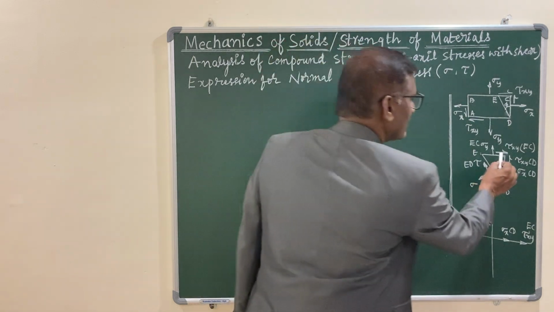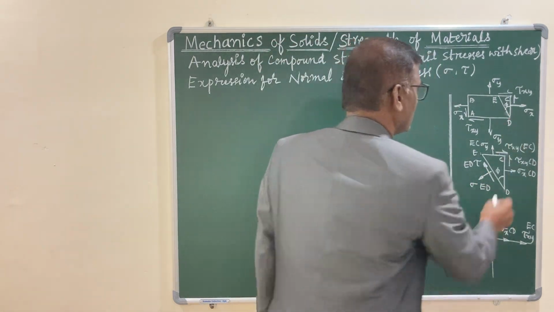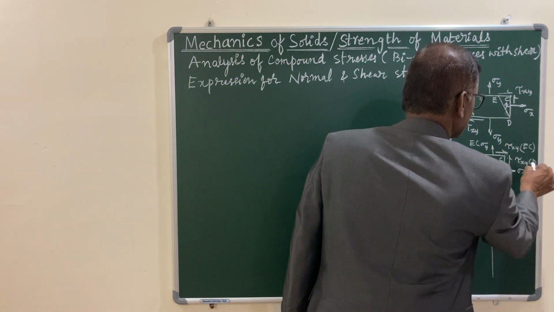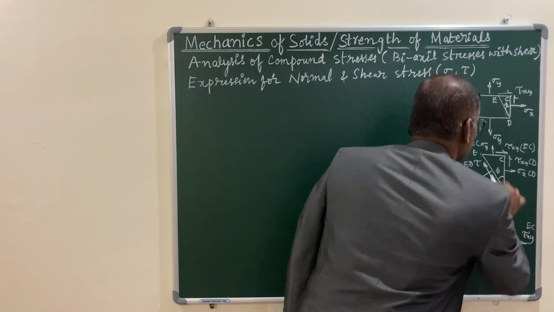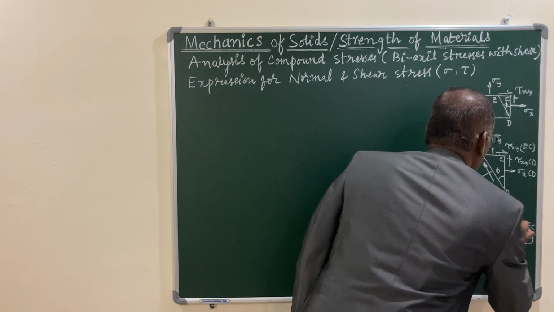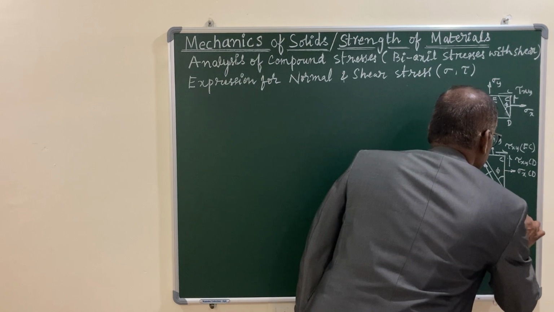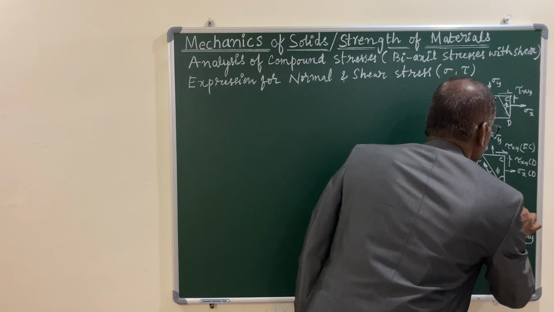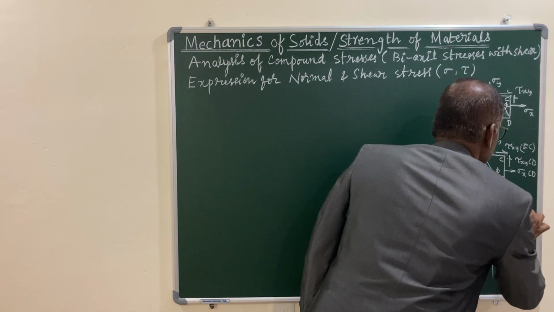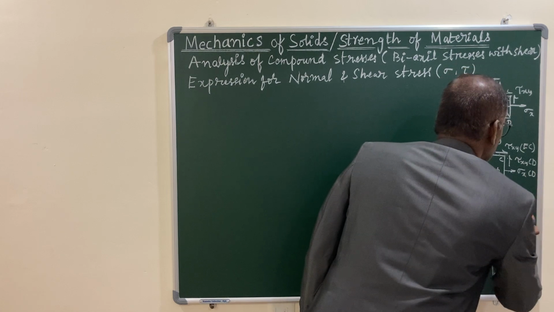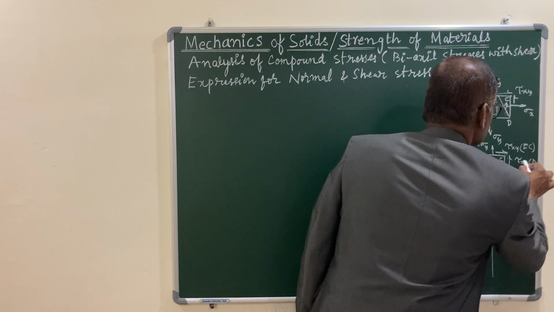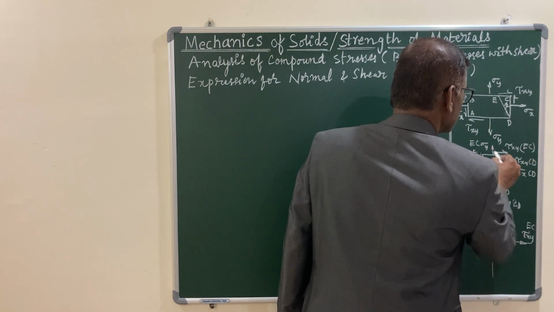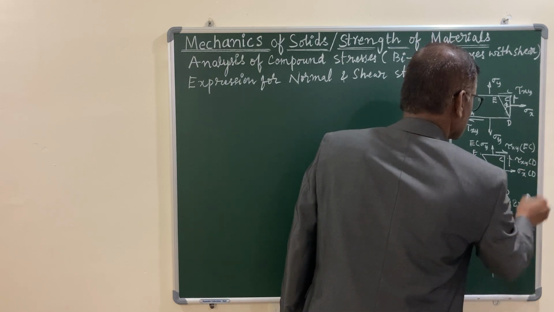Vertically upwards, we have sigma y into EC and tau xy into CD. So the vertical forces are sigma y into EC and tau xy into CD.